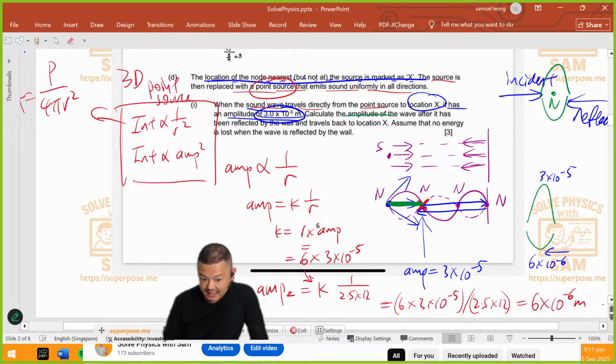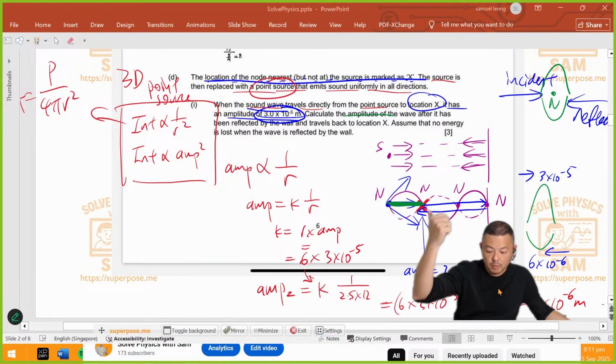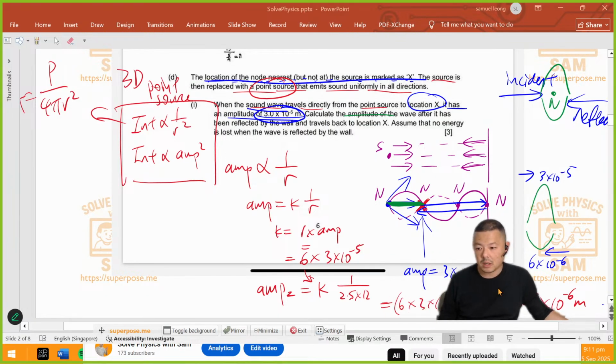Yes, and therefore the amplitude is less. I'm pretty sure they'll probably ask you why the node is not a complete zero intensity. That's because there is residual amplitude, as in it's not completely destructive. The node would be completely destructive interference if the two waves approaching each other at the position of the node had equal amplitudes, but since they are not equal, you get non-zero amplitude and therefore non-zero intensity at the node.